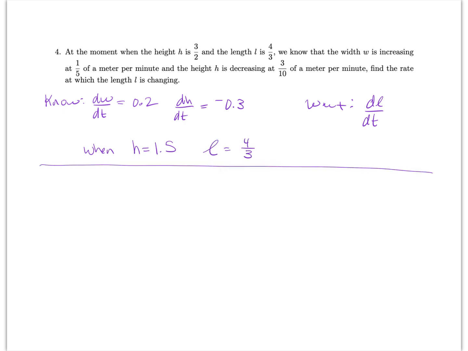So I start with an equation that relates all my variables. 8 equals length times width times height. And then I'm going to take d/dt of both sides. The derivative of 8 is 0. And then I'm going to do the product rule for 3 variables. So it's not f prime g plus fg prime.